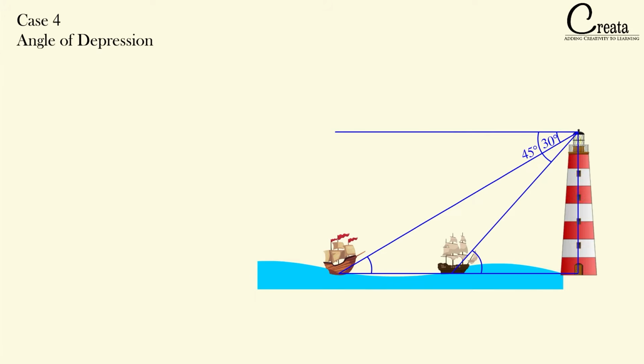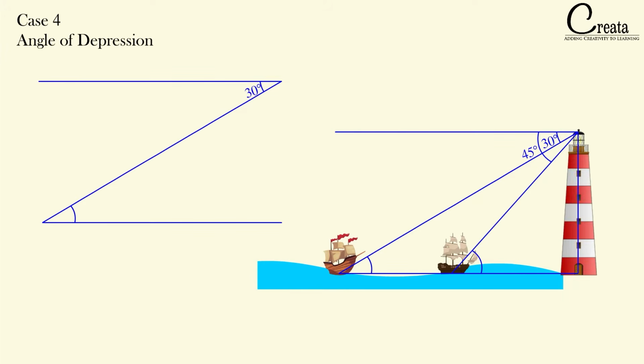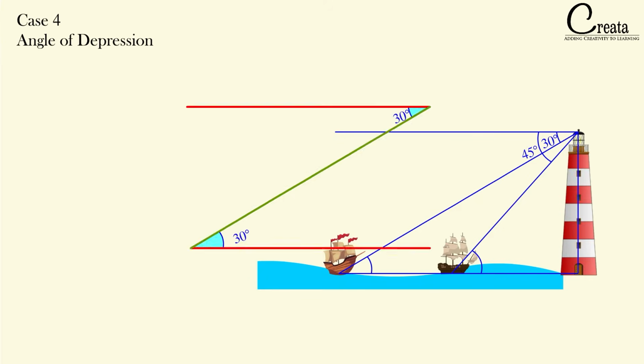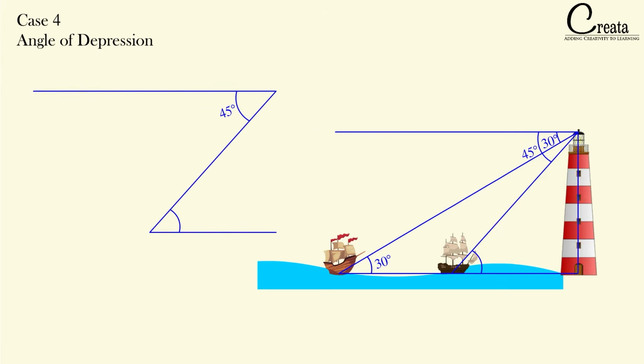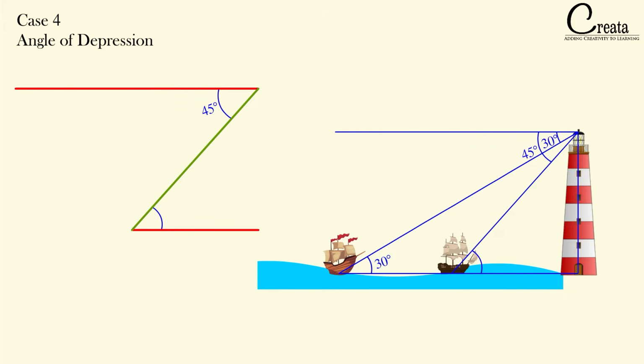You can take these lines out of the figure. Here these two lines are horizontal lines, so they will be parallel to each other, and this is the transversal. So these two angles are the alternate interior angles, which are equal in the case of a transversal and parallel lines. So these two angles will be equal to each other. Similarly, in the second case, these two lines are parallel and this is a transversal.